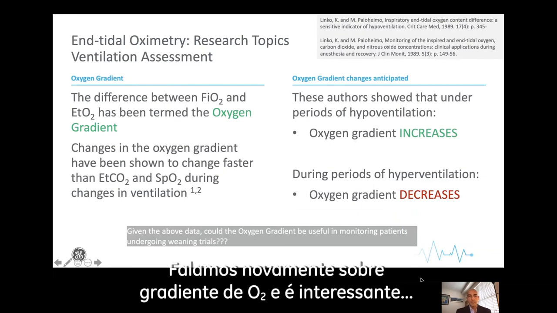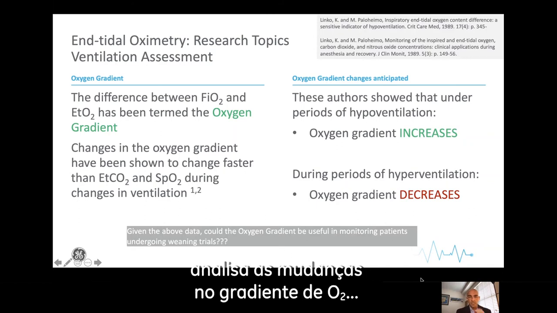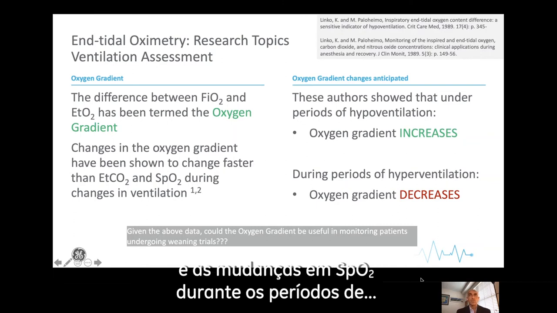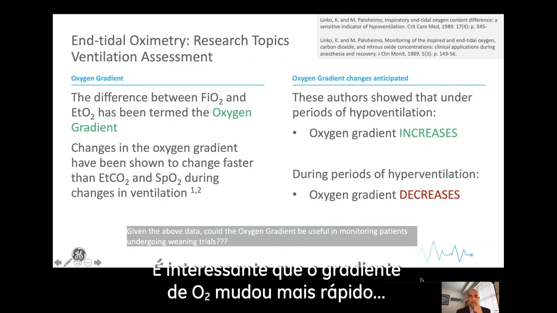We talked about the oxygen gradient again, and interestingly, the follow-on study that was done by Linko in humans looked at the changes in the oxygen gradient compared to changes in end tidal CO2 and changes in SpO2 during periods of both hypoventilation and hyperventilation. And interestingly enough, the oxygen gradient changed faster.